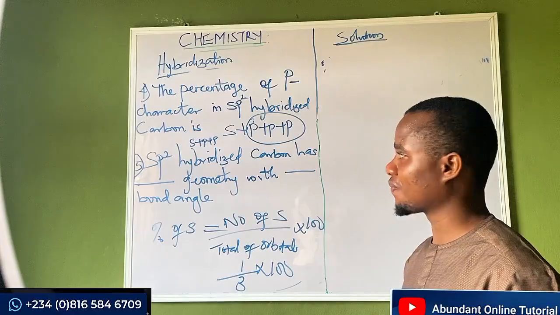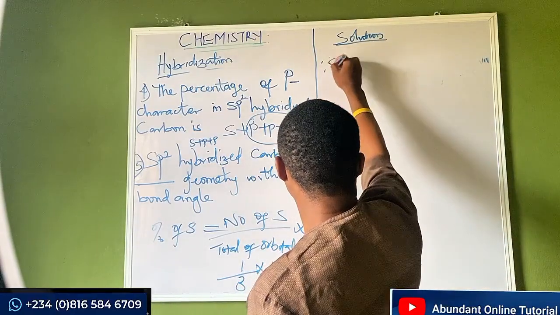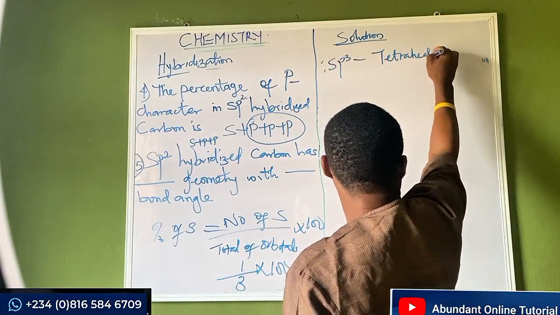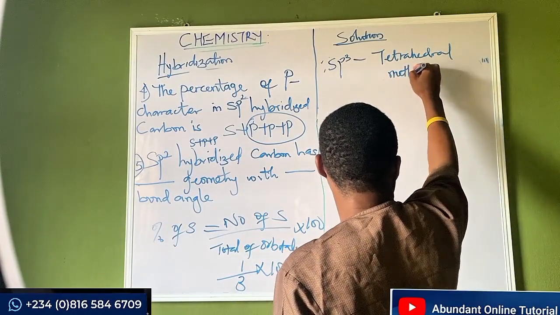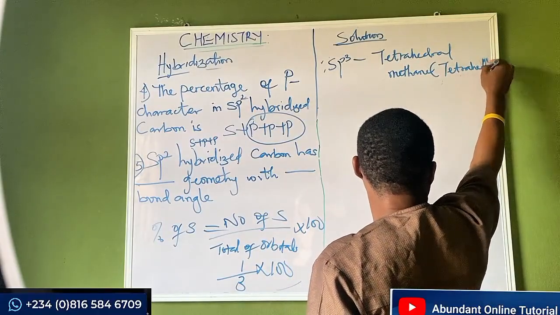So what's the answer? I know you know this already. I've told us that sp3 is tetrahedral. An example of this is your methane, so methane is tetrahedral in shape.